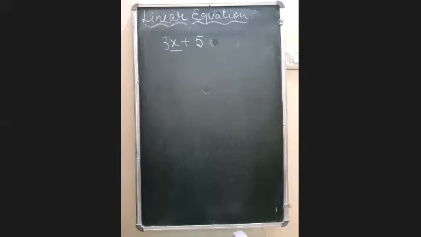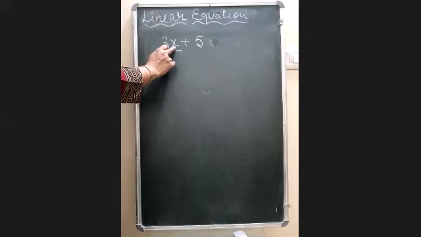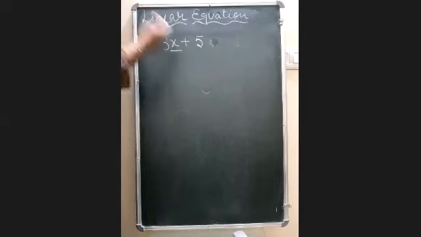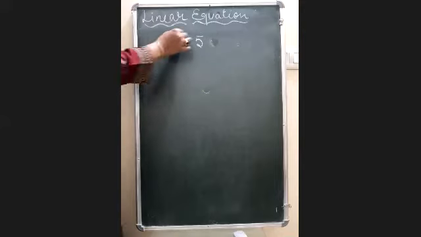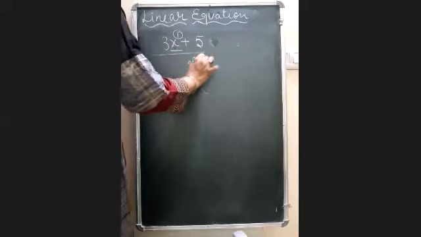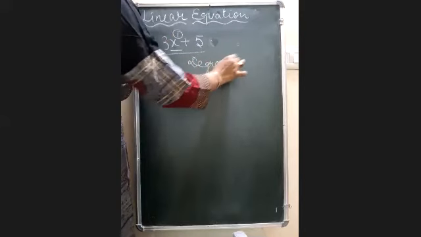The highest power of the variable is known as the degree of that expression. For example, here there is no power written on x. If no power is written, it means the power is 1, and so in this expression the degree is 1.